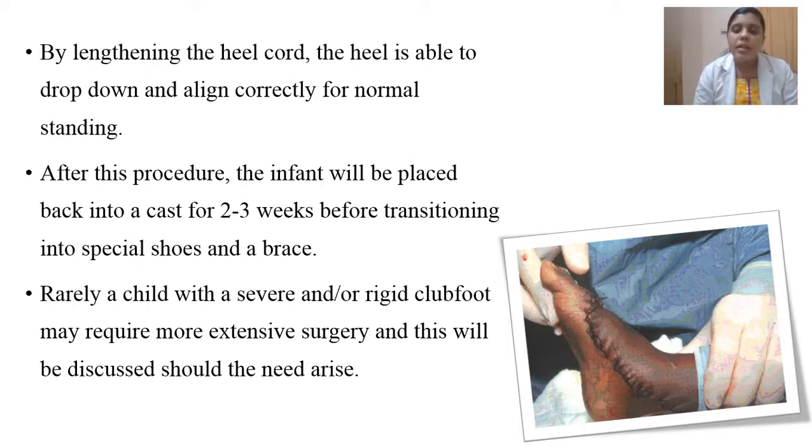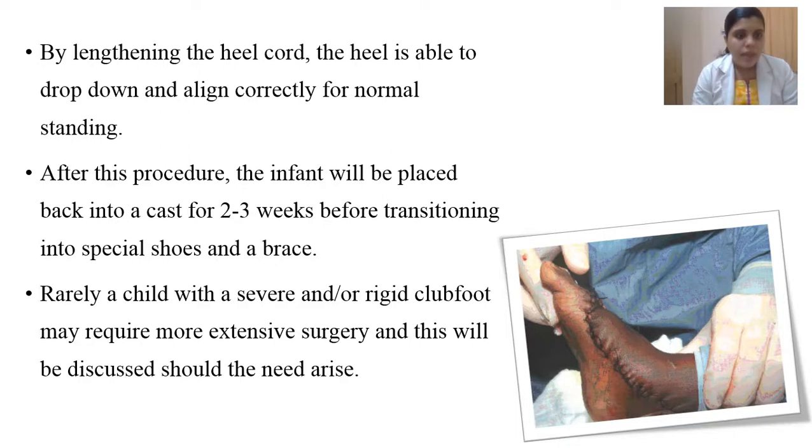The heel cord can also be lengthened, and that is also usually performed. After the procedure, the infant has to be placed back in the cast for 2 to 3 weeks. Following the extremity casting, the child can go for special shoes or braces like the Dennis Brown splint.